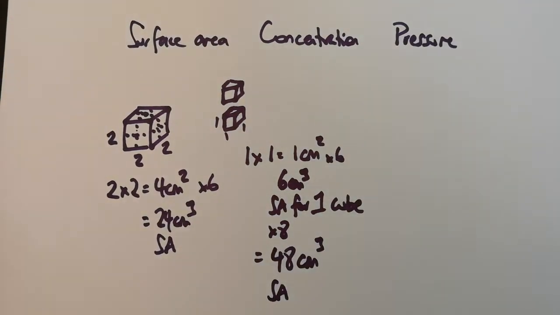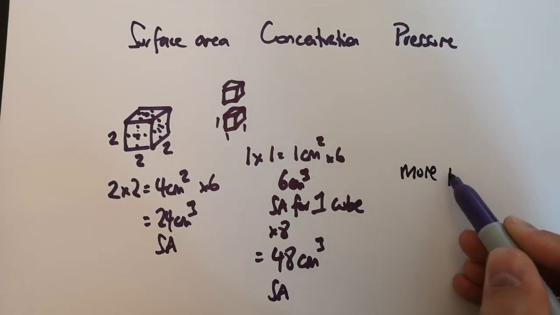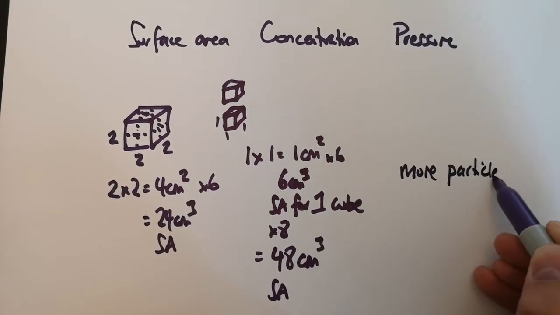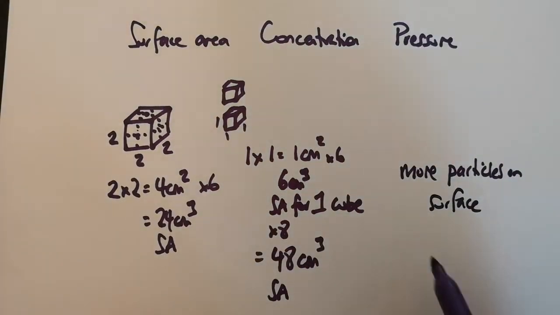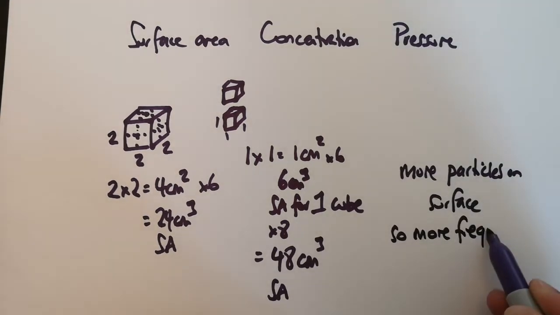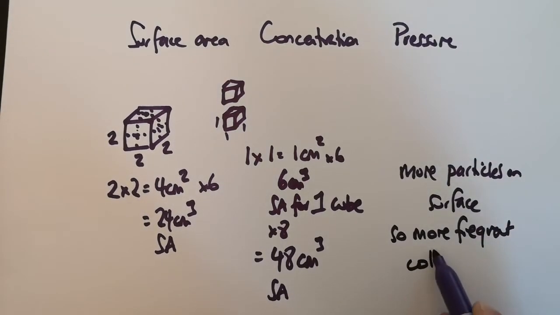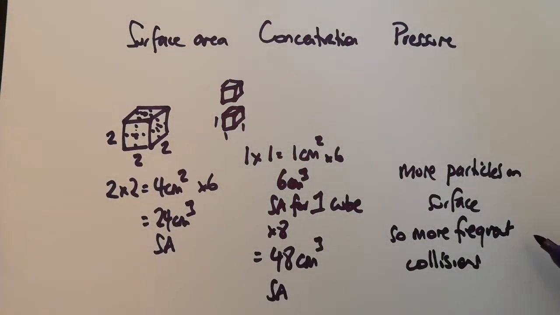Okay? So your explanation for surface area is that there are more particles on the surface. So more frequent collisions. Remember, we're talking about rate of reaction, so we have to have some relation to time. So that's why we say more frequent.